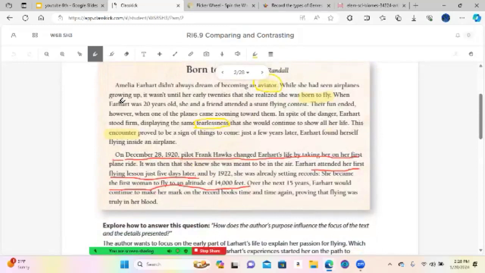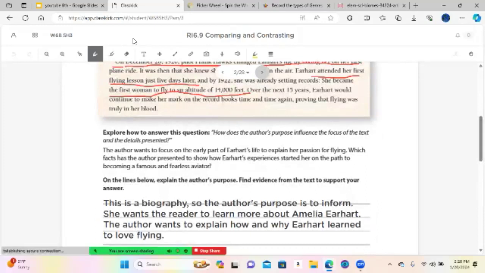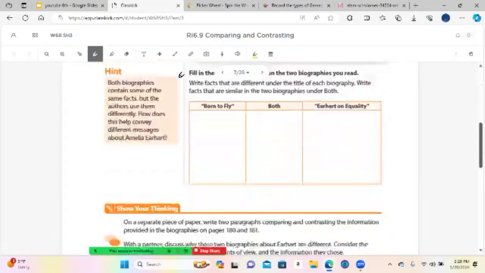She was the first woman to fly to an altitude of 14,000 feet. So that has to do with record. Both of them speak of record, even though each of them has mentioned a different record that was set by her. So let us go ahead and complete our charts with the information. You can pause the video and record your responses.